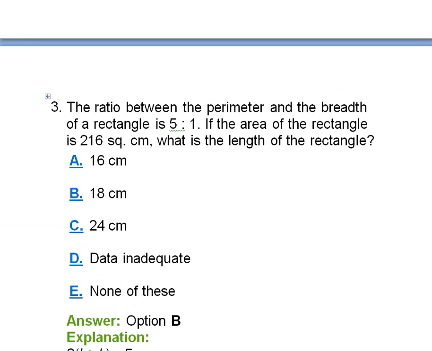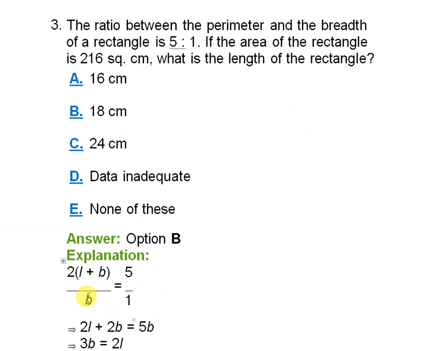So I know you must be confused with this, right? Why did we take b here? It is already given in the question that the ratio between the perimeter and the breadth is 5:1. So this is perimeter and this is breadth. So you have kept the formula of perimeter here, and in the division you have kept breadth.